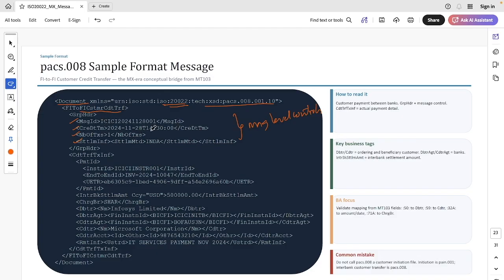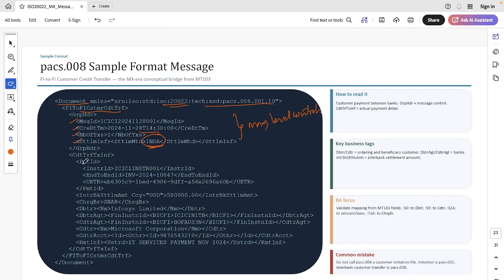Creation date time basically tells when it was created. Number of transactions tells the number of transactions, and settlement method basically tells how the settlement is expected to happen. Now there are multiple settlement methods. Basically, we will see this settlement method in an upcoming, separate video session.